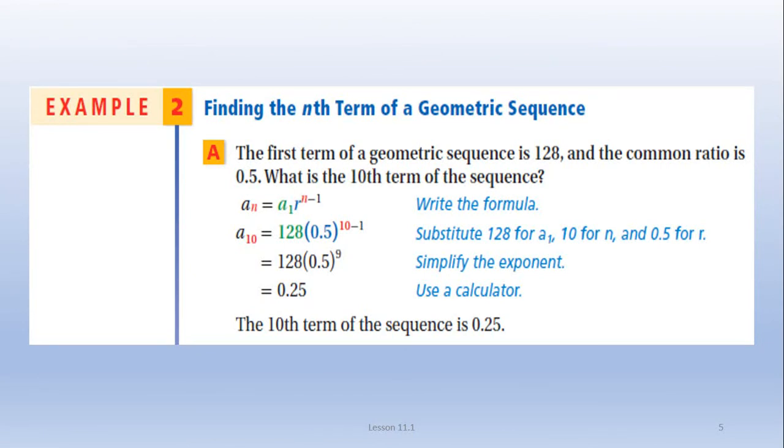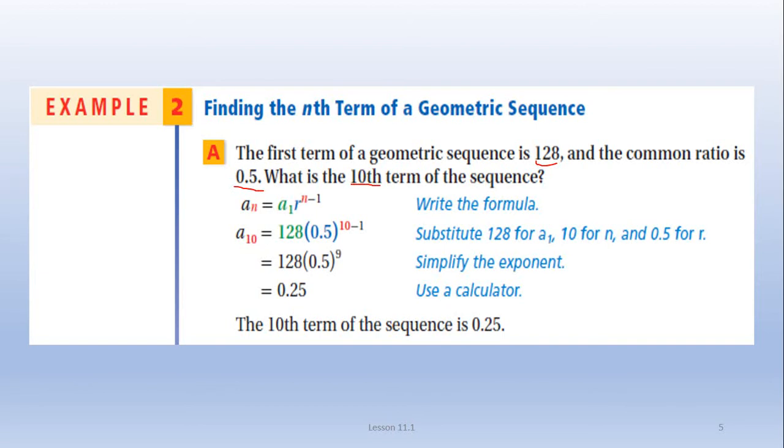In example 2, section A, the first term of a geometric sequence is 128, which is a1, and the common ratio is 0.5, which is r. What is the 10th term?